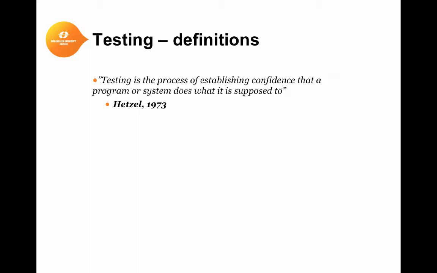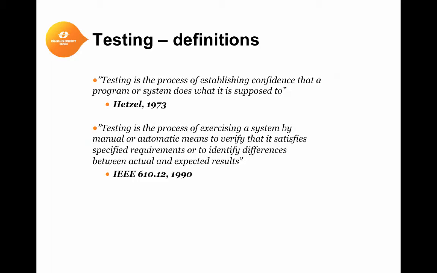So, Bill's early definition seems to be mainly concerned with showing that the program works with respect to its intended functionality. But what about non-functional requirements, such as response times and memory consumption? Well, later in 1990, the IEEE standard on software engineering terminology stated that testing is the process of exercising a system by manual or automatic means to verify that it satisfies specified requirements or to identify the difference between actual and expected results.